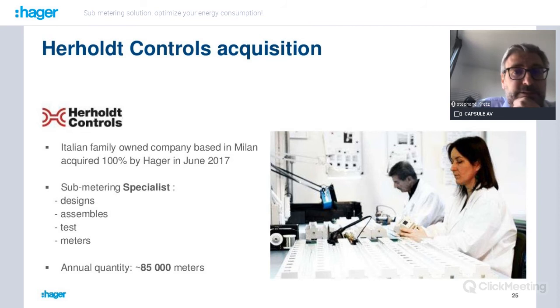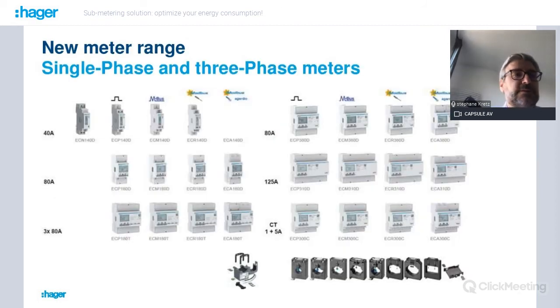Clearly, they are doing only that, only sub-meters. They do the design, the assembly, the test, and also MID certified, of course. And last year, the annual quantity were roughly 85,000 meters.